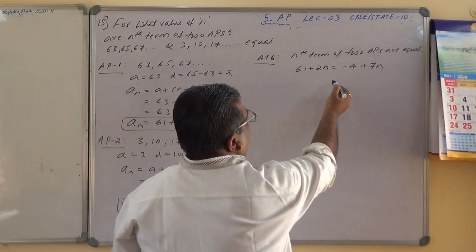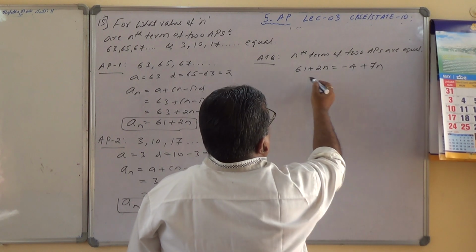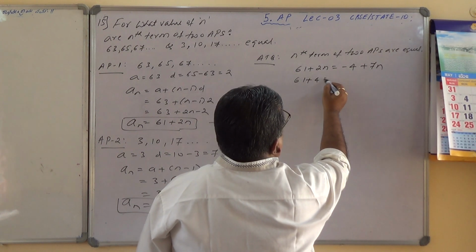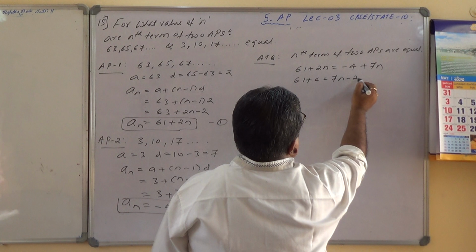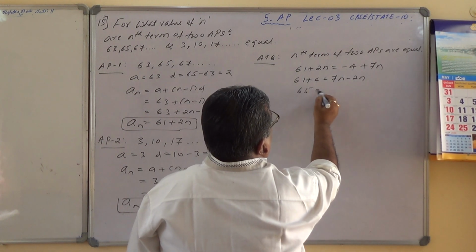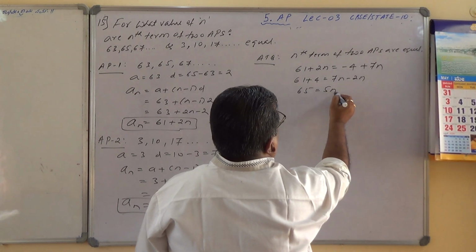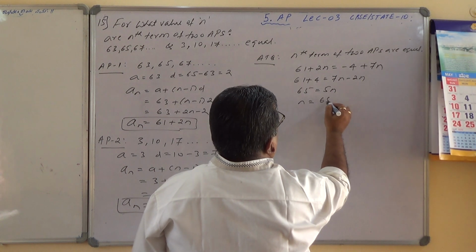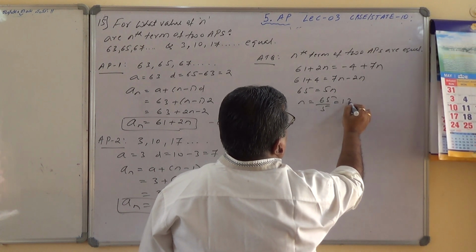So 61 plus 2n is equal to this one. 61 plus 4 equals 7n minus 2n. 65 equals 7 minus 2, 5n. n equals 65 by 5, which is 13.